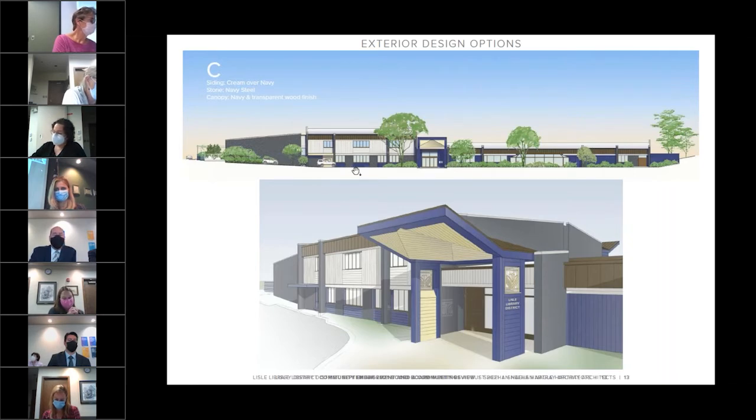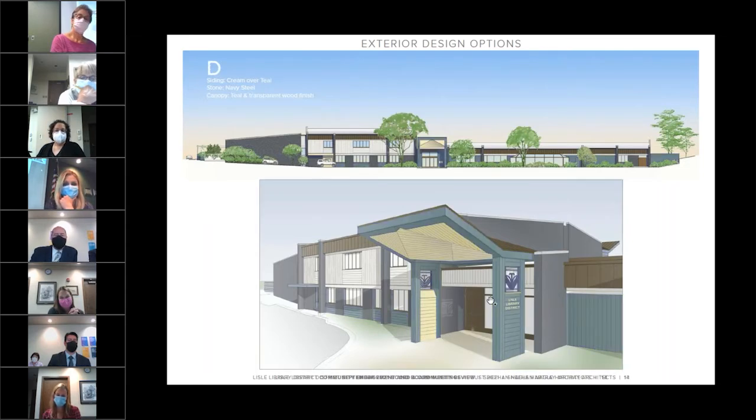As you look at the canopy, again, a similar approach to what we're taking with the other canopies that I've shown, where the siding around the canopy and the frame around the roof part of the canopy is the navy blue color, with the natural wood inset on the underside of the canopy, and also on the interior faces of the piers that support the canopy on either side. Again, maintaining the ornamental detail that you see there.